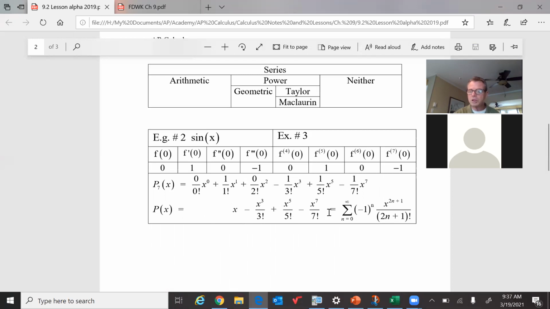And then the general term. Here's how we write the signs alternating: -1 caret n, if I start at the 0 term. 2n plus 1 is an odd number because 2n is an even number. No matter what n is, you double it's even. So you could write this as x to the 2n plus 1 over 2n plus 1 factorial.